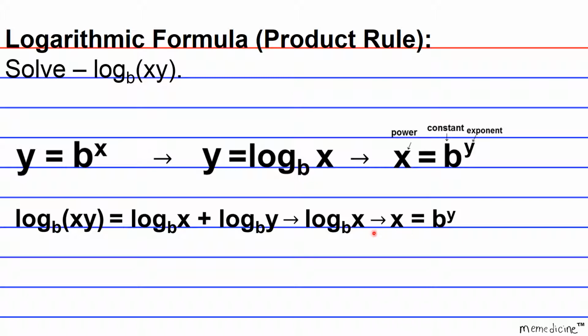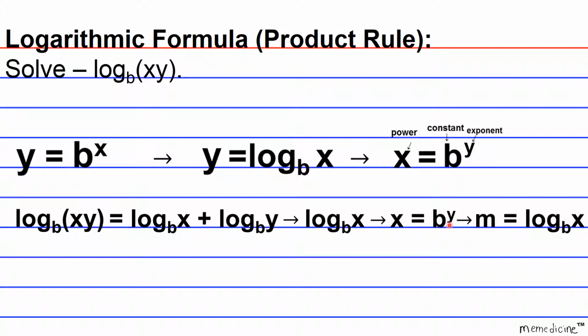And what we can also do is re-express this as m equals the log base b of x. So we're temporarily assigning the label m to this mini expression that we extracted from our formula over here, okay?